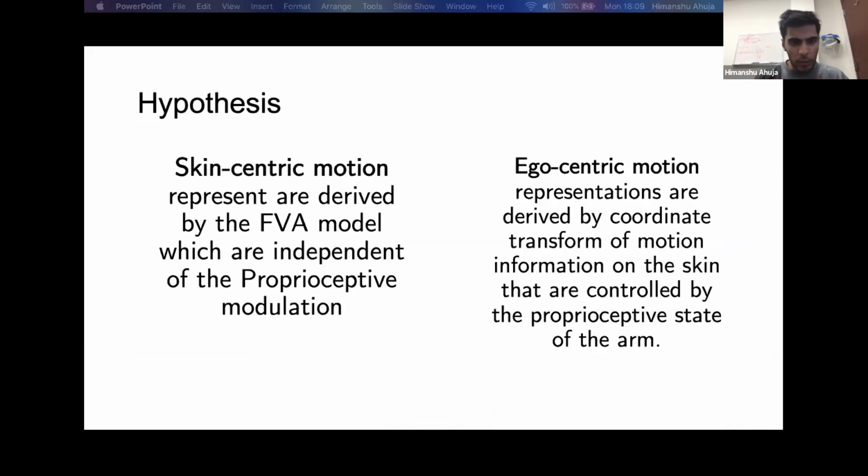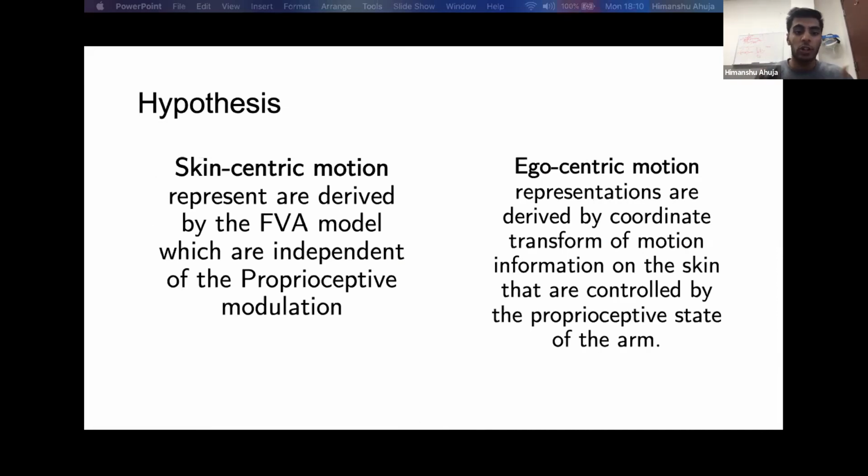Through this experiment design, we predicted that we're going to see a couple of things. One, the skin-centric motion, which was the idea of whether the stimulus is moving away or towards the thumb, is derived from the full vector average model predicted by Pei, and is independent of the proprioceptive modulation.